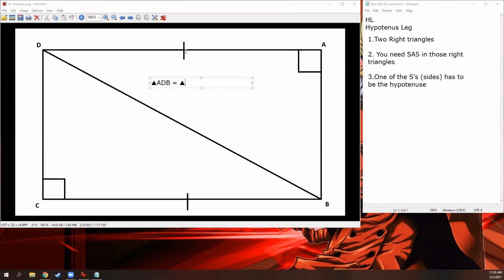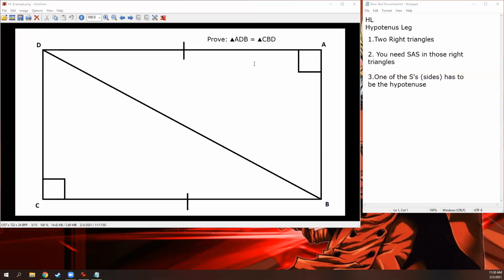Right angle, side with the notch, diagonal. Right angle C, side with the notch B, diagonal D. So CBD. So we're trying to prove that these two triangles are congruent. They are equal to each other in every single way. That's what we want. So I will put that, prove that.